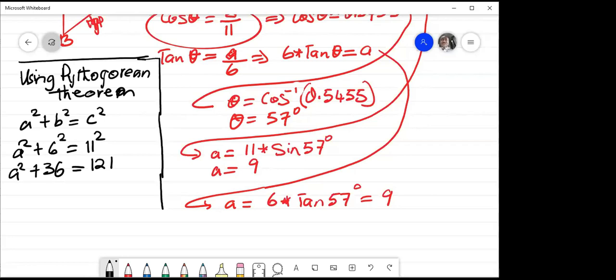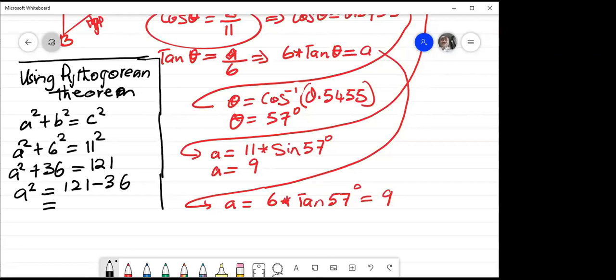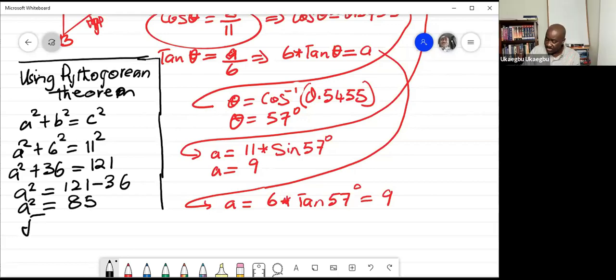All right, so A squared is going to be 121 minus 36, and whatever that gives you, what should that be? 85. So now you are doing the square root of A squared and the square root of 85. So that should verify the value of A. So A is 9.2, basically, which is 9. So we are correct. So trigonometric ratio works. It does work.